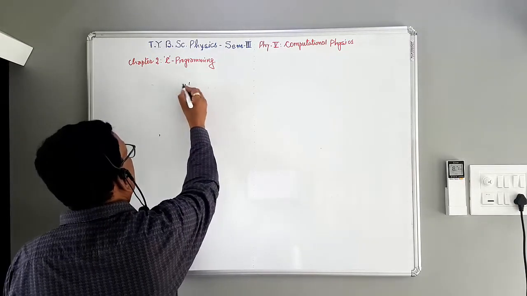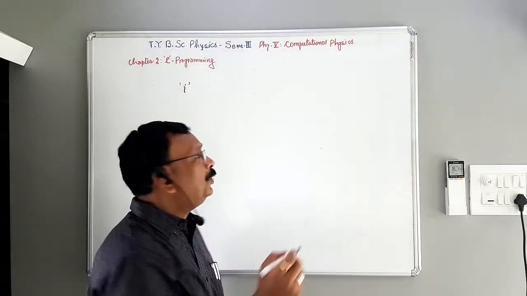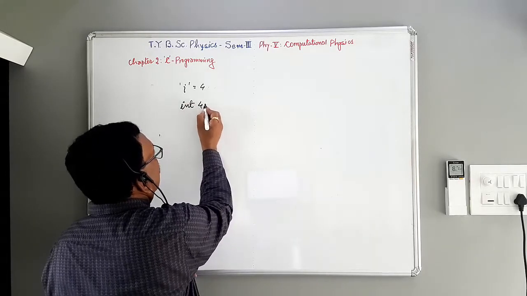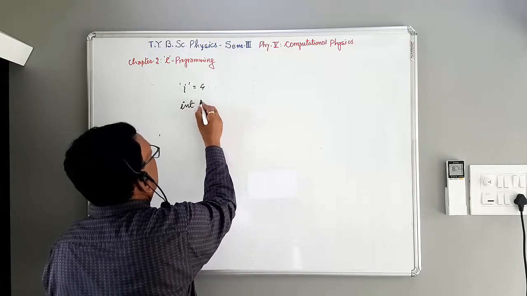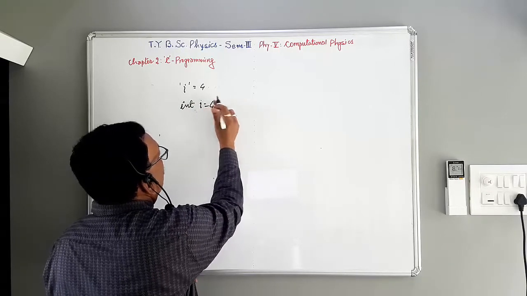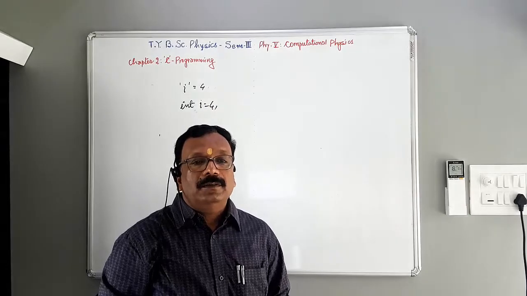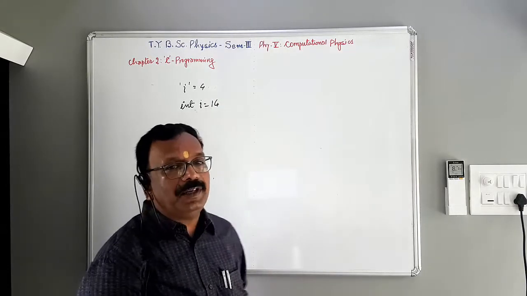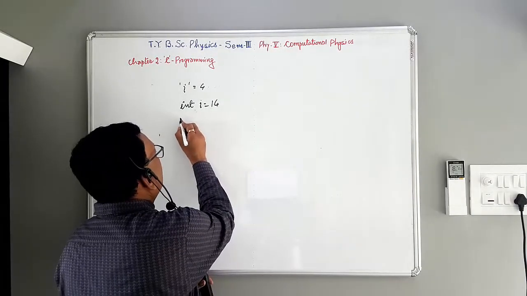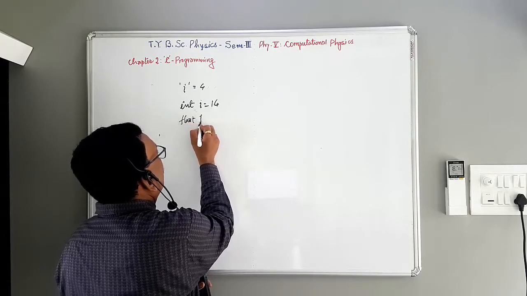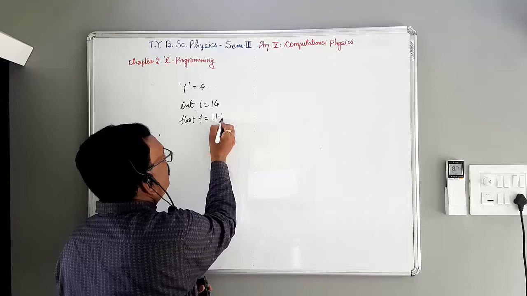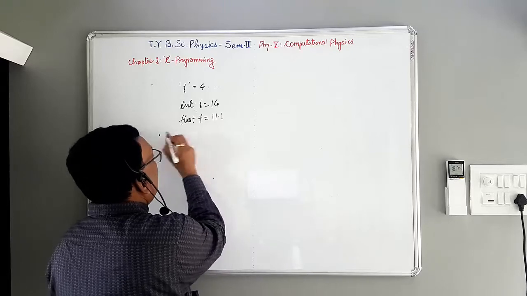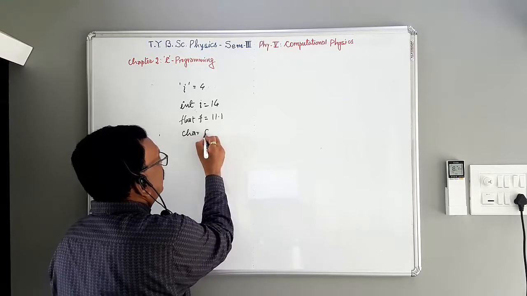Suppose i is an integer variable whose value is 4, or instead of 4, suppose 14, we are going to consider another value 14, and f is a floating variable, that is float f, and value of this floating variable is suppose 11.1, and there is a character variable, and this character variable is suppose c.